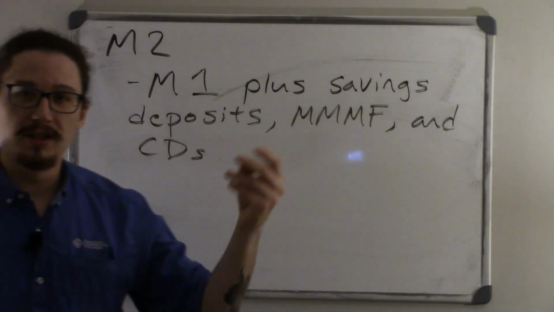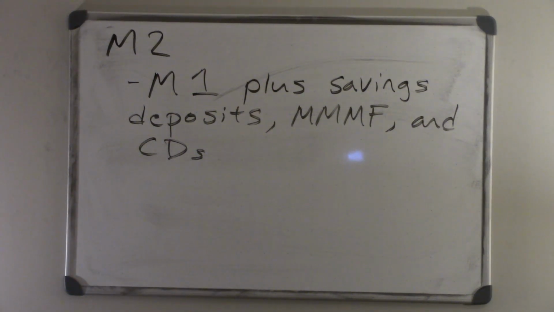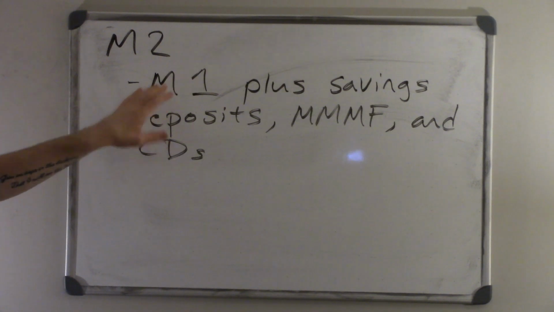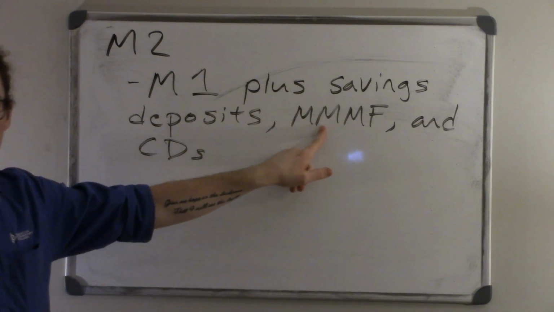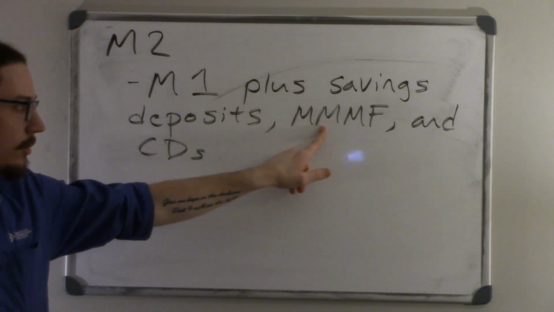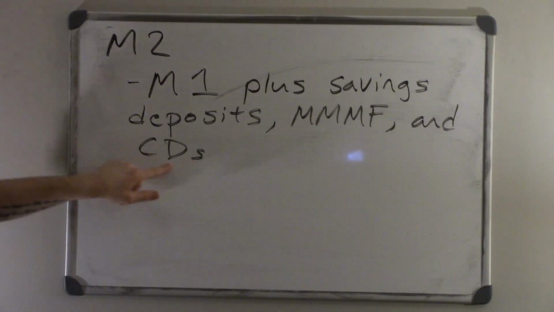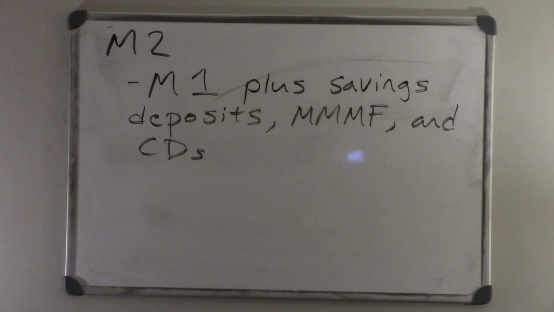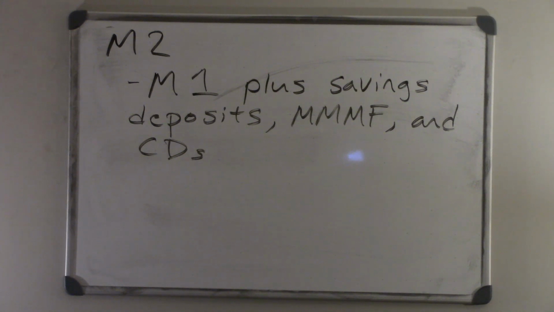So essentially M1, so currency and checkable deposits, and then we have savings, MMF, money market mutual funds, abbreviated because I didn't want to write it out again. And then those CDs, right? So those are the definitions of the money supply.